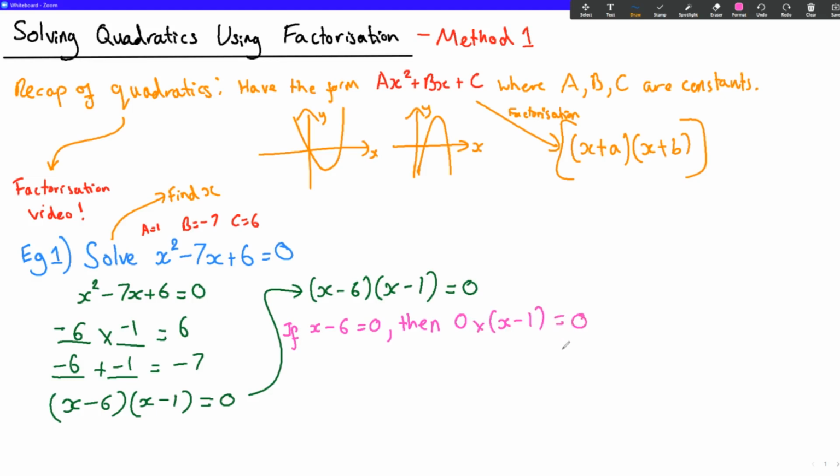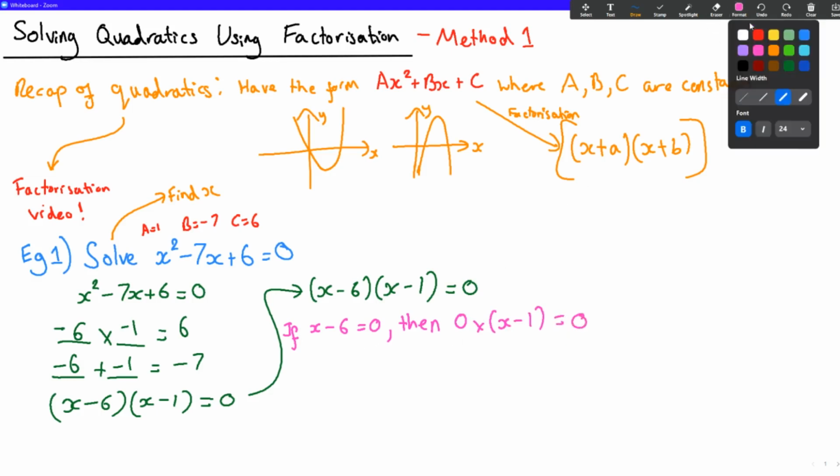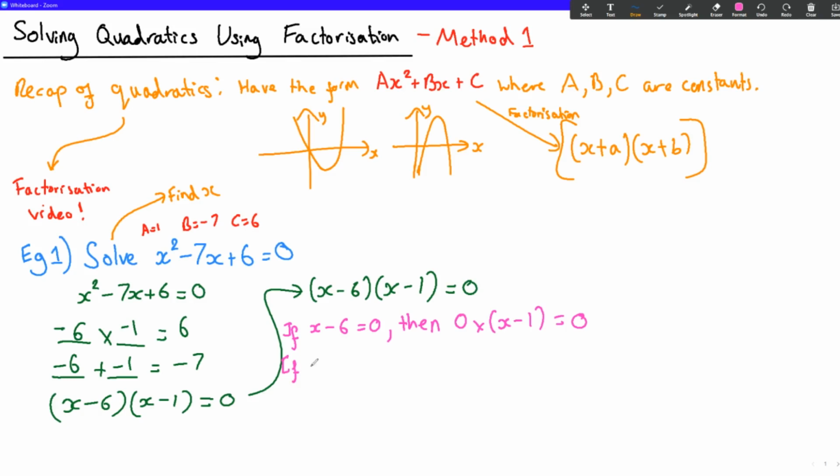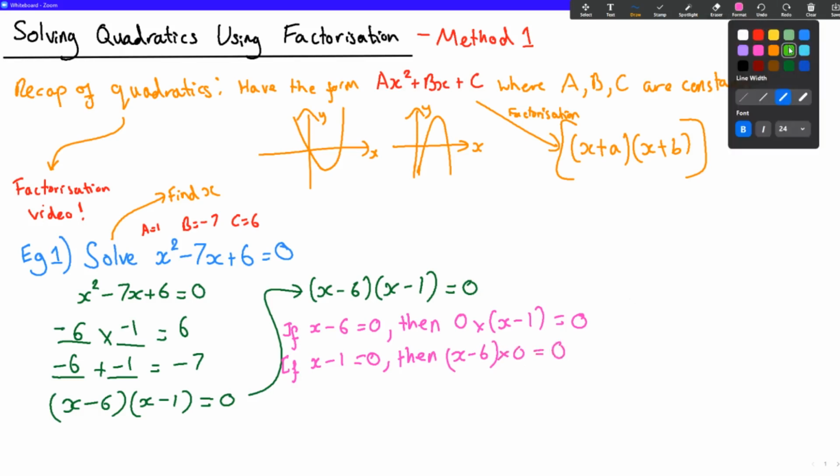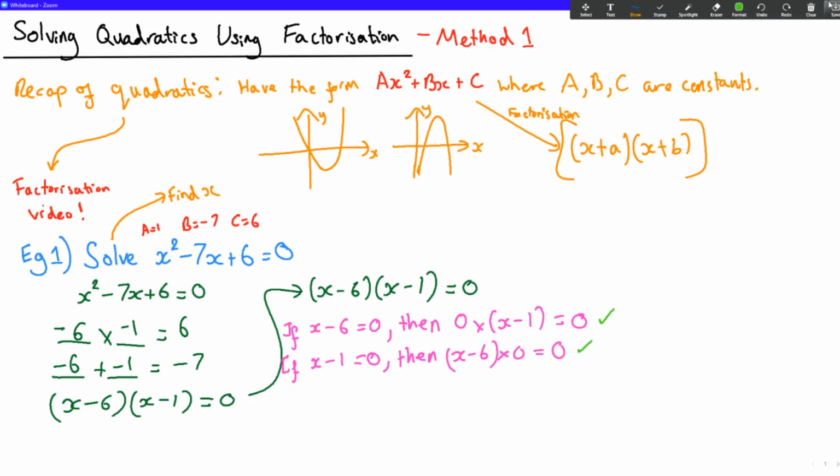Well, that equals 0. And if x minus 1 equals 0, then we'll have x minus 6 times 0, which also equals 0. So both of these fit the equation. Both of these fit this top equation here.